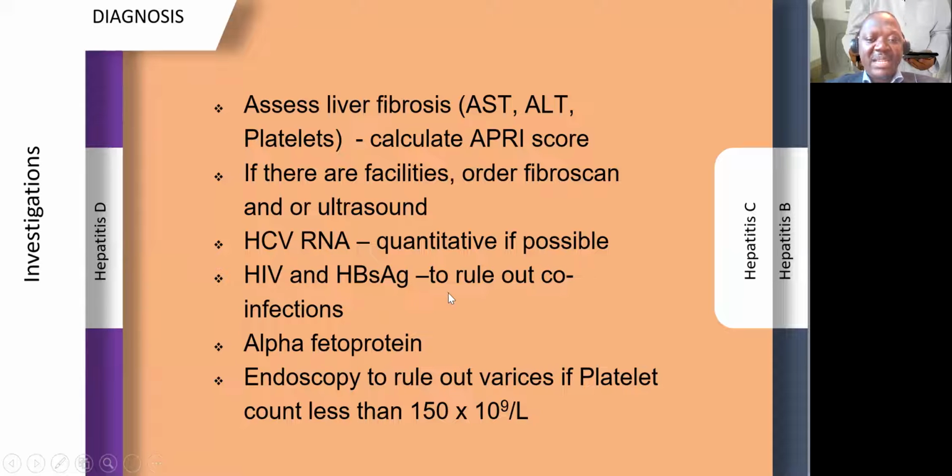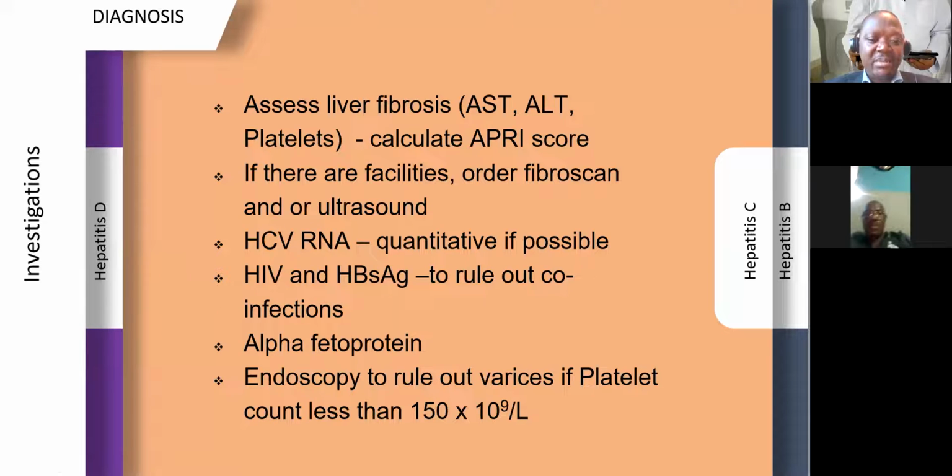HIV and hepatitis B surface antigen is important because if you're treating the patient, you need to know what other viruses need to be tackled at the same time. Moreover, some of the treatments require that you handle both infections, okay? Alpha fetoprotein is a protein that is produced to indicate the presence of abnormal tumor cells in terms of liver cancer.